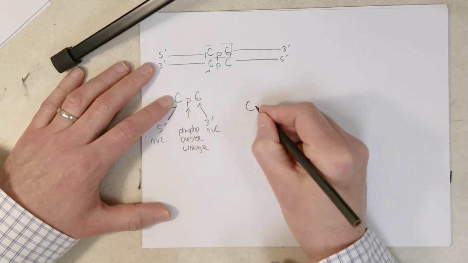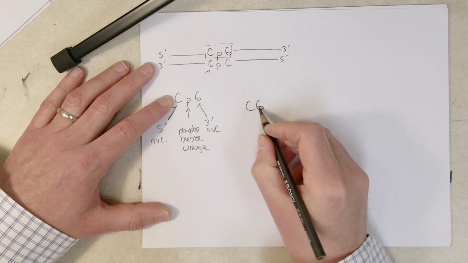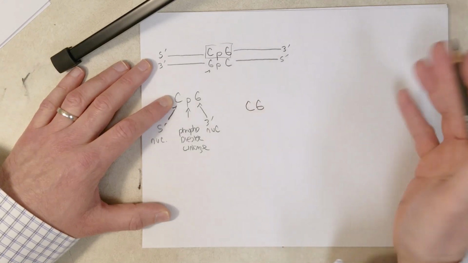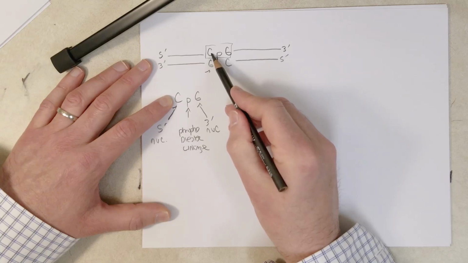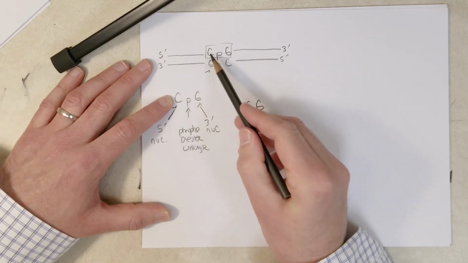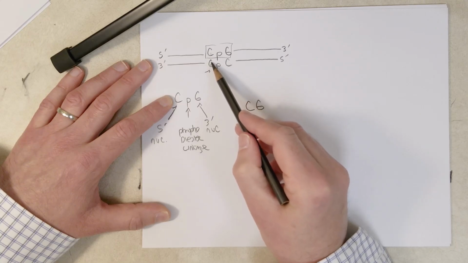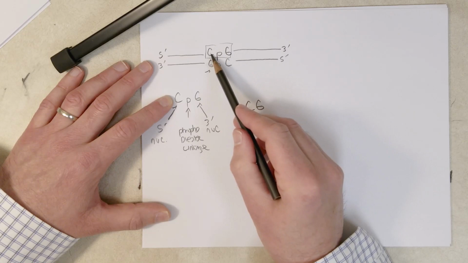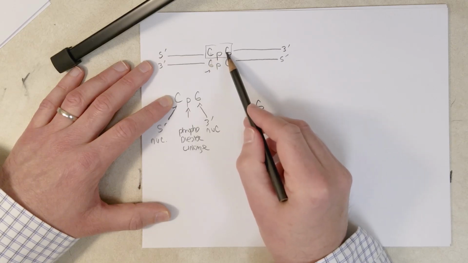If we were to just say CG, we might be confused. Is this geneticist talking about the hydrogen bonding that occurs between a C when it's paired with this G down here in the opposite strand? Or is this geneticist talking about the G that is adjacent to a C on a single strand?